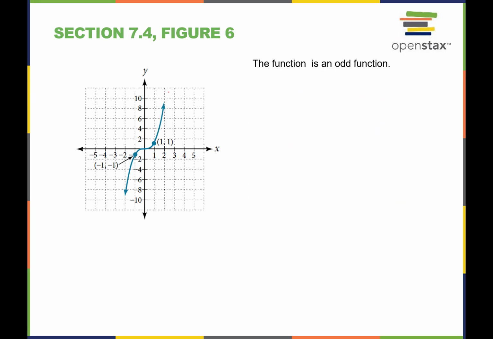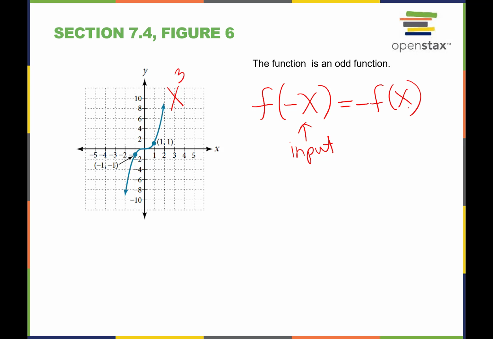Looking at an odd function, this is x cubed. An odd function means if you switch the sign of your input, your output is going to switch signs. So if I plug in -2 into x cubed, that's -2 times -2 times -2, that's -8.